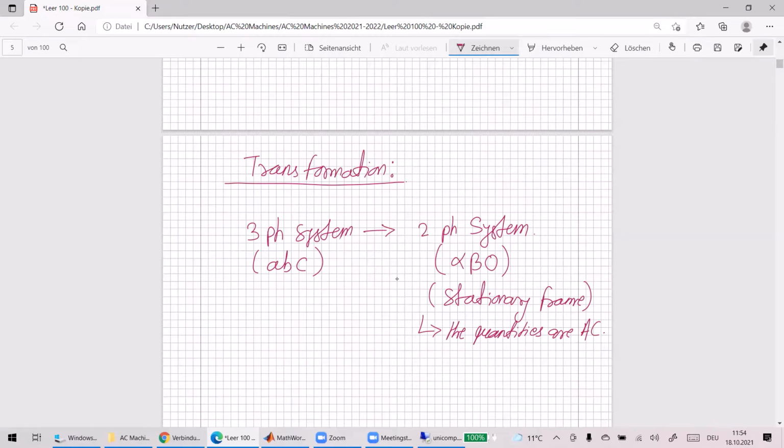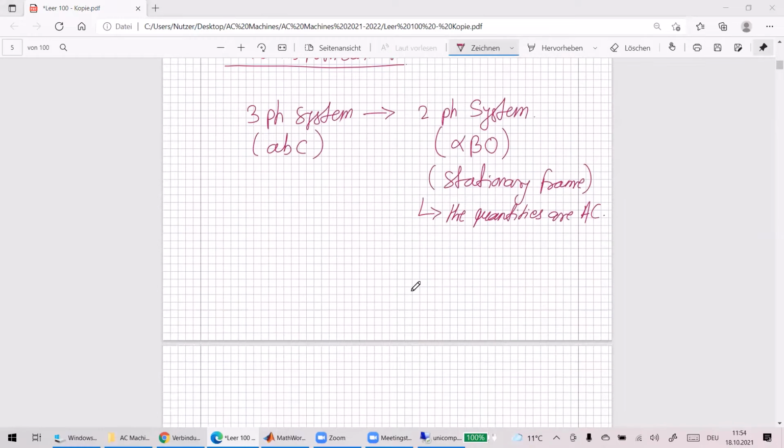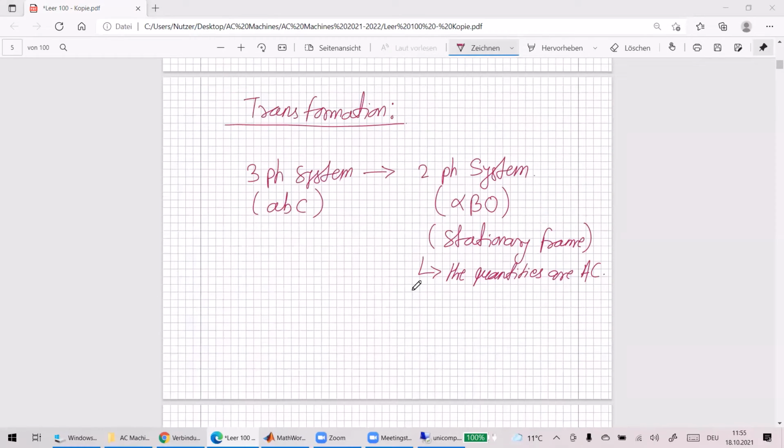Now, this two-phase system, which is your AC system, we can get it back to a two-phase DC system.